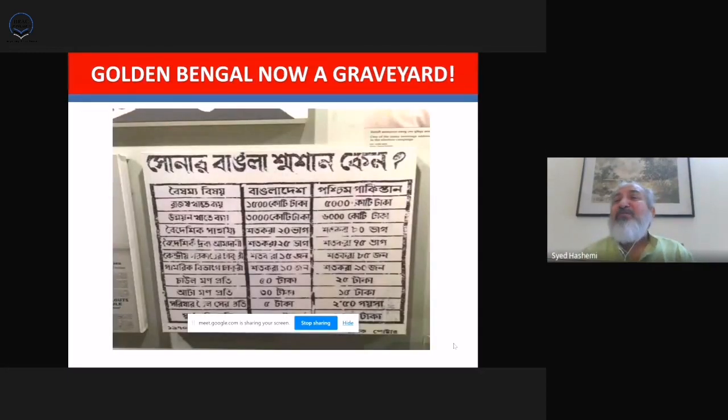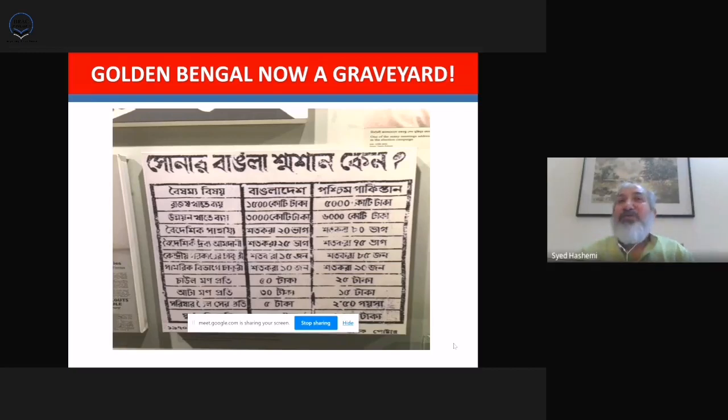This is a famous poster, and I wanted to end with this. It says, Shurar Bangla Shoshan Keno. Why is Golden Bengal now a graveyard? And it points to the economic disparities between East Pakistan and West Pakistan.